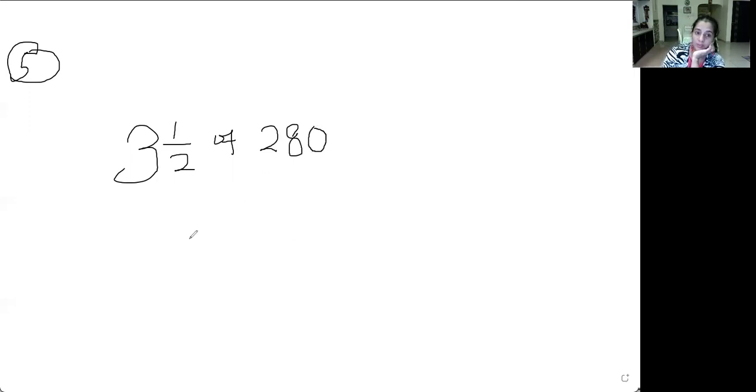Later I will tell you what it literally means. But how do we do this mathematically? First of all, change this to an improper fraction. That will be the easiest way for you to work. So times and plus: 3 times 2, 6, 6 plus 1, 7. So you'll have 7 over 2. And of becomes a multiply. And this becomes 280.